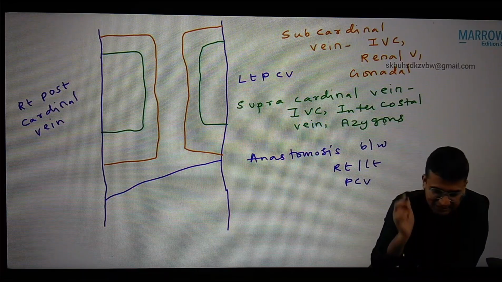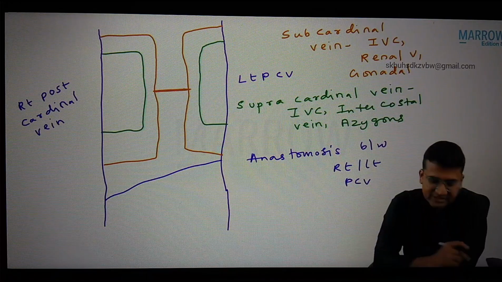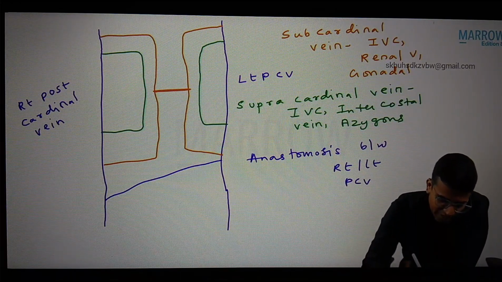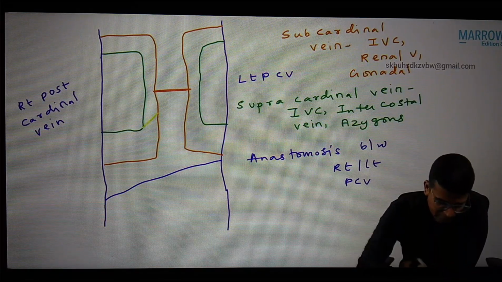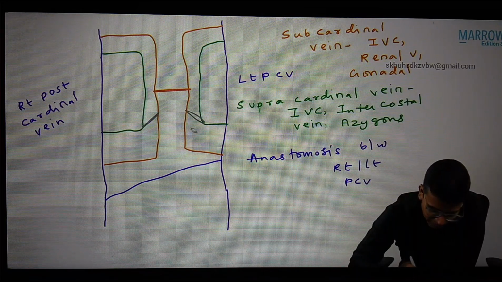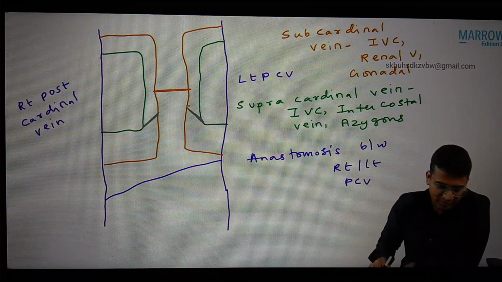Okay, right. Next, we have anastomosis between the two subcardinal veins, and we also have the anastomosis between subcardinal vein and the supracardinal vein.